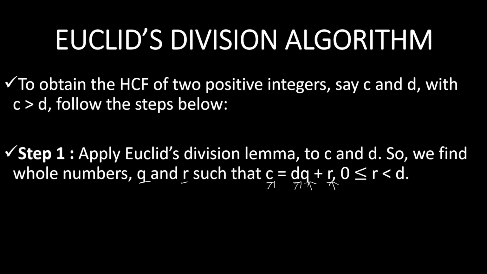The condition that is followed here is R is greater than or equal to 0 and less than D, which means remainder is greater than or equal to 0 and less than divisor.